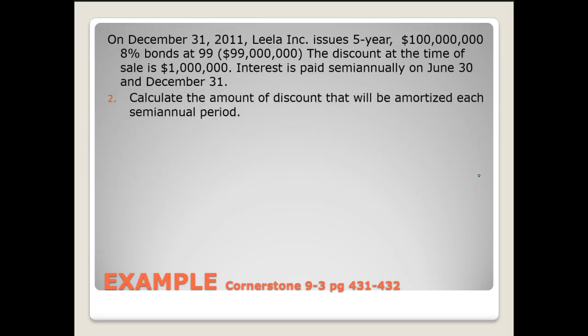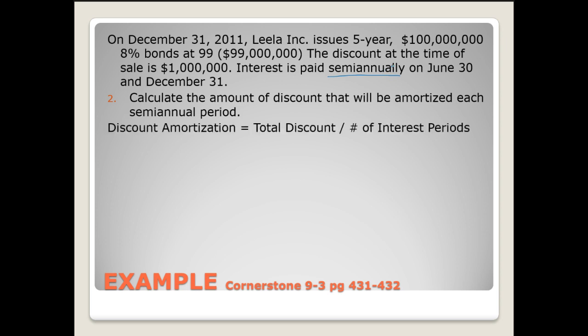Now, what amount of discount will be amortized every time interest is paid? Interest is paid, remember, semi-annually, meaning every 6 months, 2 times a year. So we said that the formula for a discount amortization is to take the total amount of the discount and divide it by the number of interest periods.